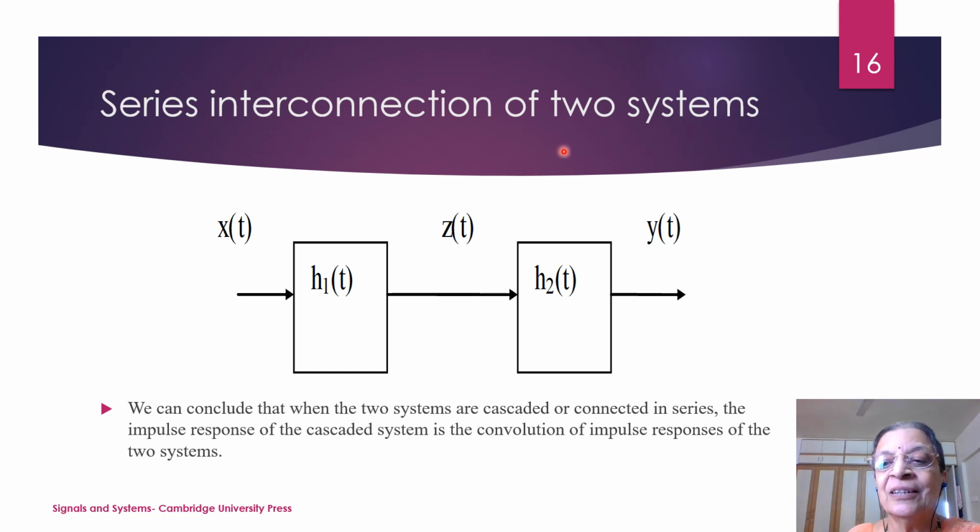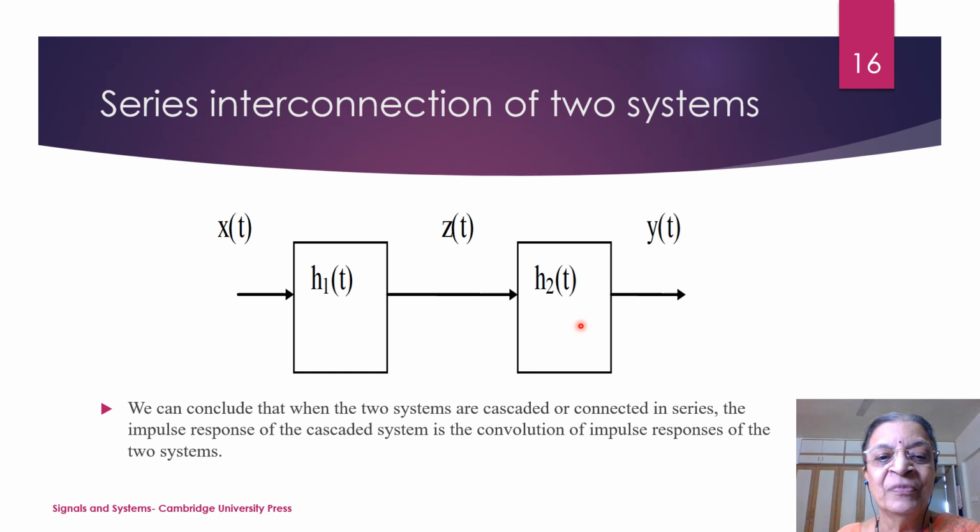Consider the series interconnection of two systems. Suppose we have h1(t) and h2(t), and we connect them in series. What will happen? When you interconnect the two systems in series with impulse responses h1(t) and h2(t), the series interconnected system will have an impulse response given by h1(t) convolved with h2(t).